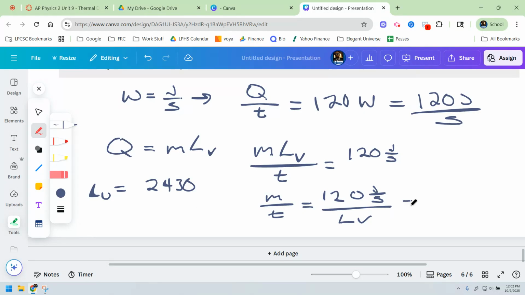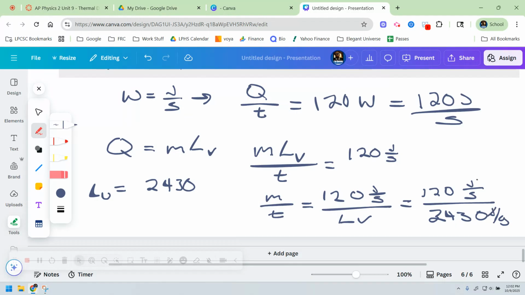So then this becomes 120 joules per second all over 2430, and that's going to be joules per gram.